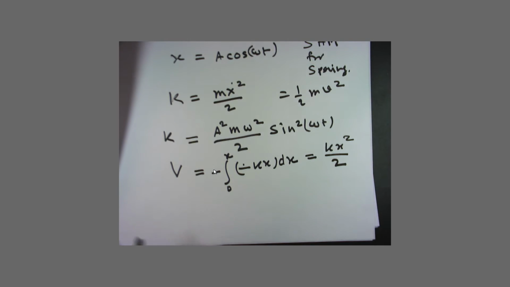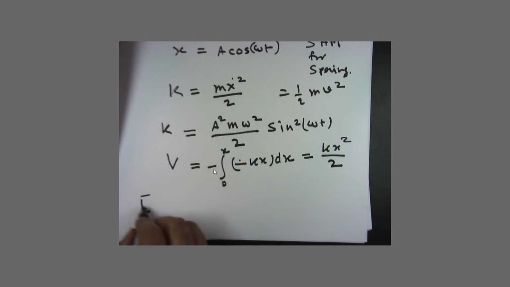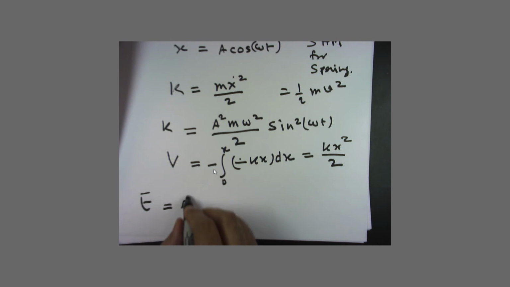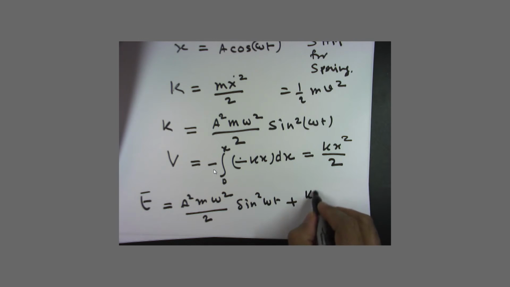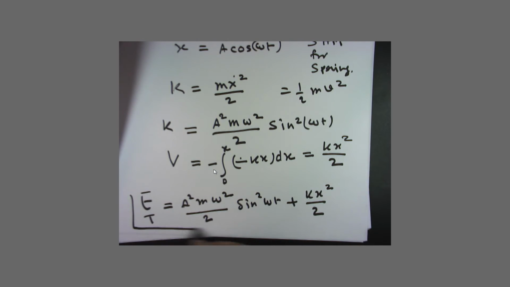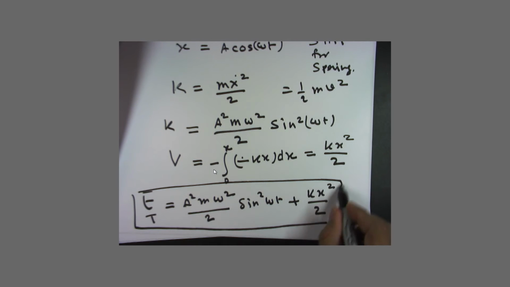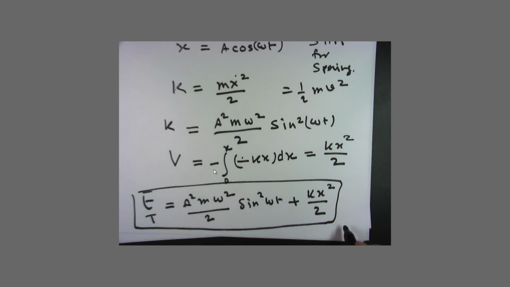If you look at these two terms, now you have a full energy equation: a square m omega square by 2 sine square omega t plus kx square by 2. So, this is our total energy, the kinetic part and the potential part. This is our equation 3.